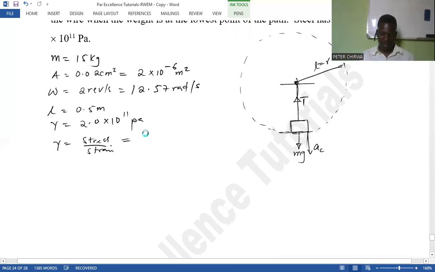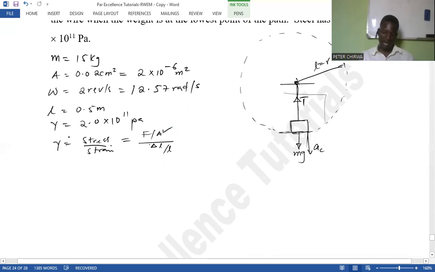And this stress is basically the force per given area, and the strain is basically the change in length over the original. So that is basically what we have. Now here, the force that we have on this system is the tension. So we need to know what tension is.